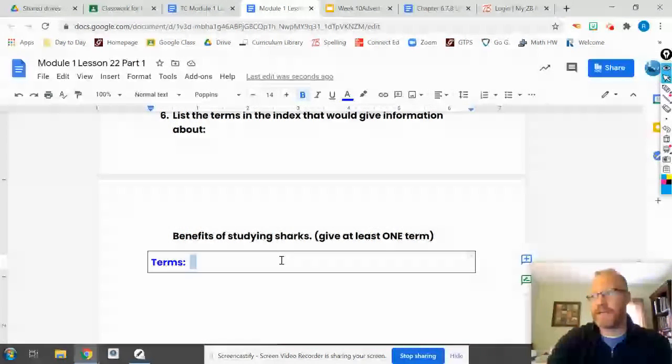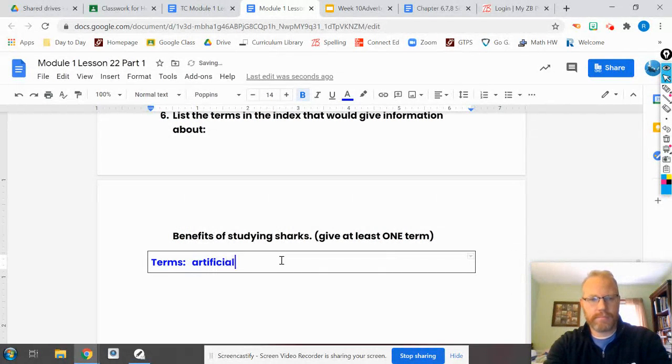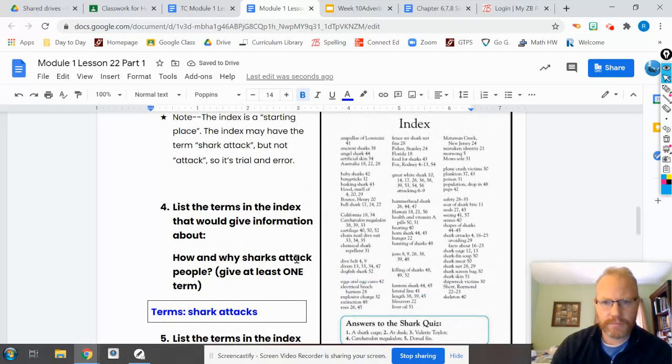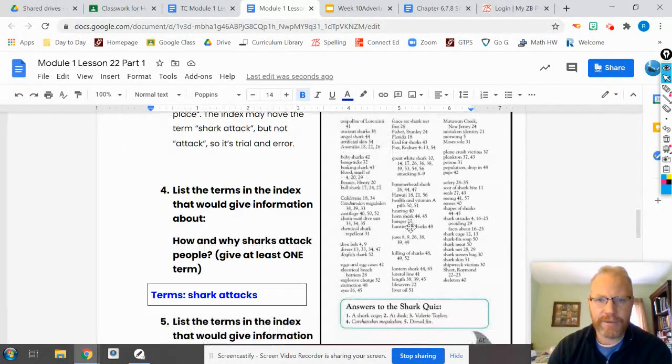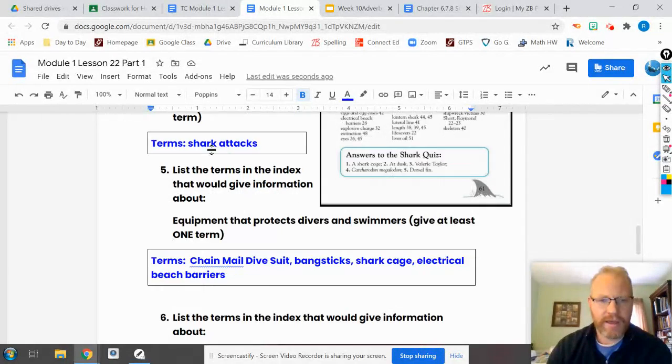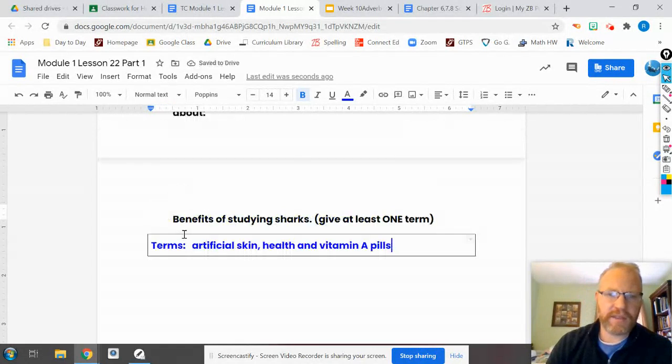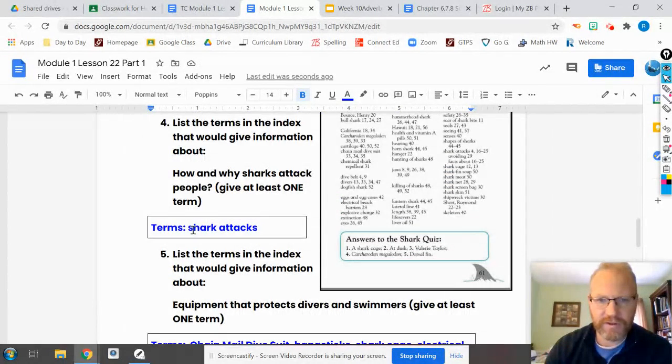So artificial skin, that's one item that is a benefit of studying sharks. You see any more things? Well, I see one here in H, health and vitamin A pills. So health and vitamin A pills. So that might be something that you could find as a benefit from studying sharks.